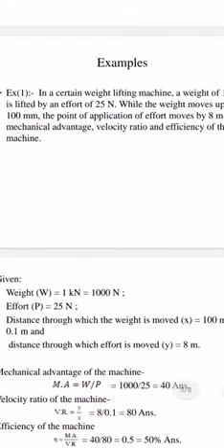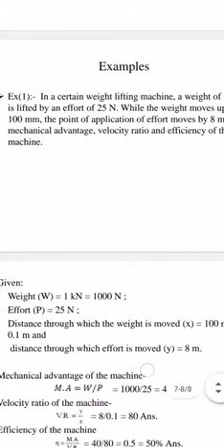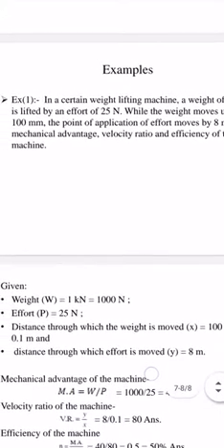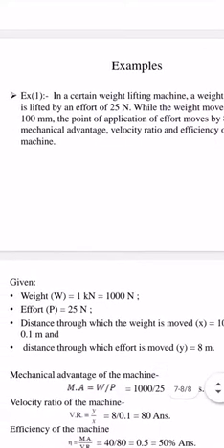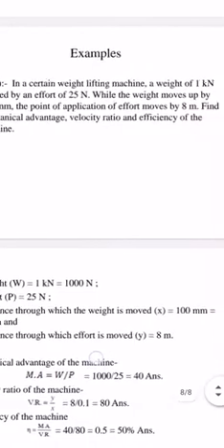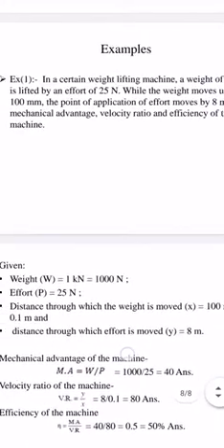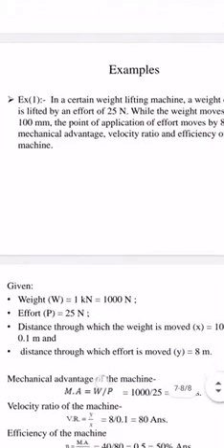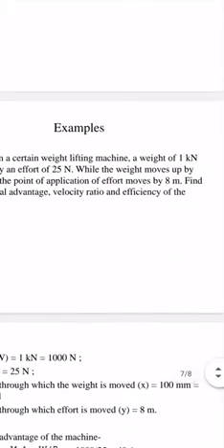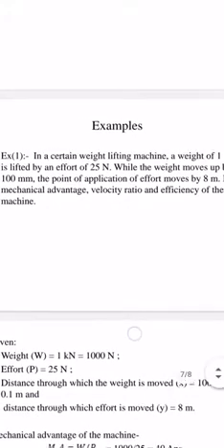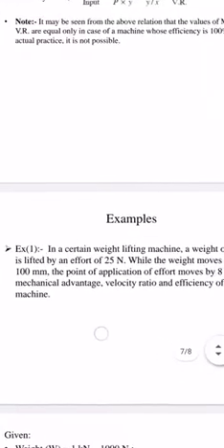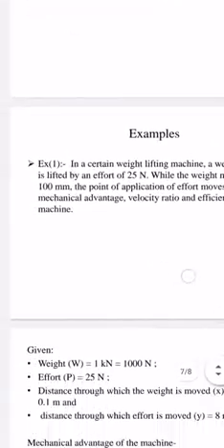You already know, when solving a numerical we have to convert to the same unit. If one is in mm and the other, y, is in meter, the answer will always come wrong. So we convert mm to meter. So 100 mm is 0.1 meter. The distance through which the effort is moved means y. So y is given as 8 meter. That's all that is given. Now what do we have to find? Mechanical advantage, velocity ratio, efficiency. The three we have to find.